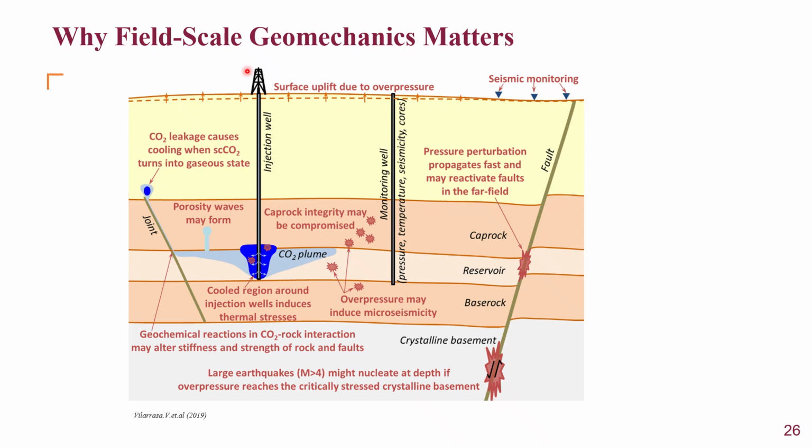Also, the increase in the pore pressure could cause surface uplift, which should be monitored. If CO2 mineralization occurs and there's overpressure, it could induce microseismicity. The injection of this CO2 also can induce thermal stresses due to the changes in reservoir temperature and the injected CO2 temperature, which needs to be monitored as well.